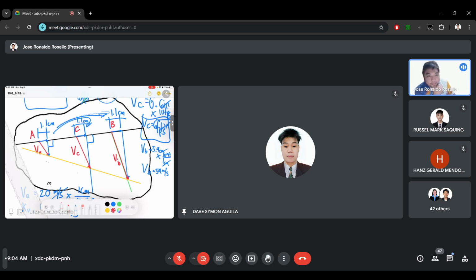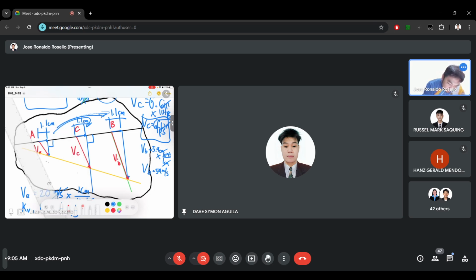So we now have velocity B and C. Okay? So this method is only applicable when points are on the same line. So again, let's measure. If we have velocity A at 2 centimeters, we have velocity C at 1, 2, 3, 4.